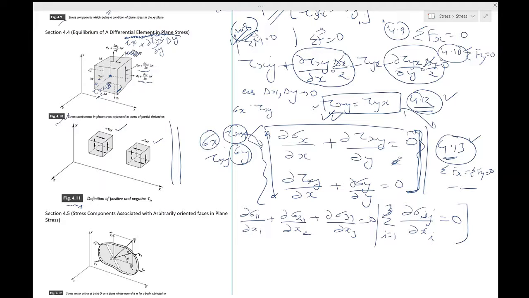There is a convention which tells you that for the repeated index, which over here is i, it is automatically implicit that the summation is over i. So this can also be written compactly. Again, as I have said before, these symbols and notations are useful for some advanced concepts of elasticity, which in this course we don't want to get into.